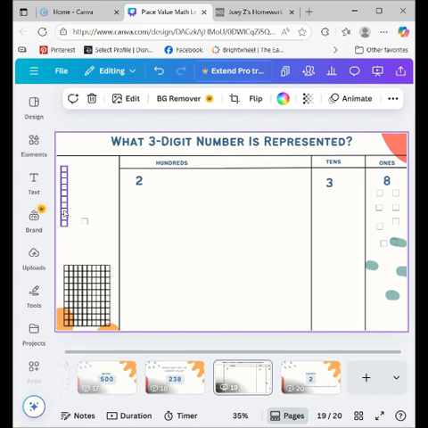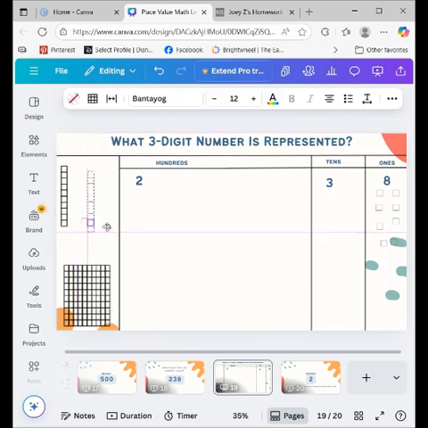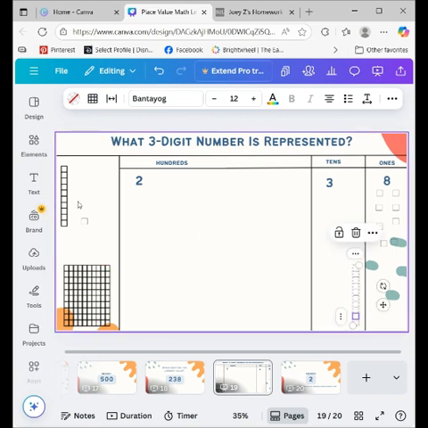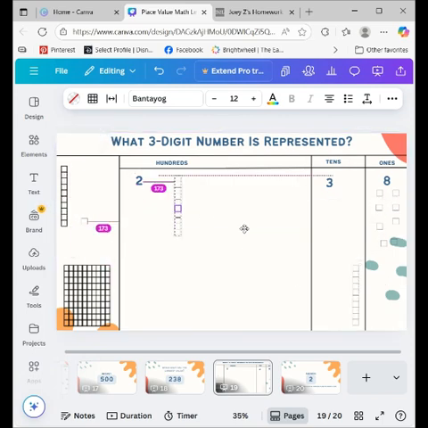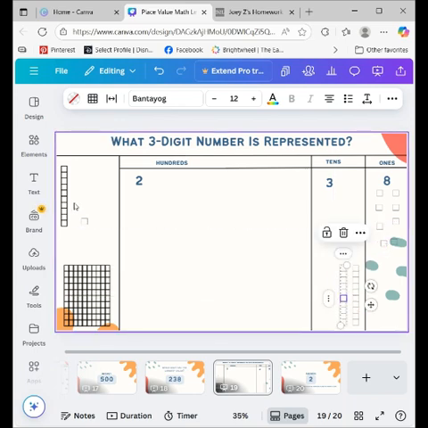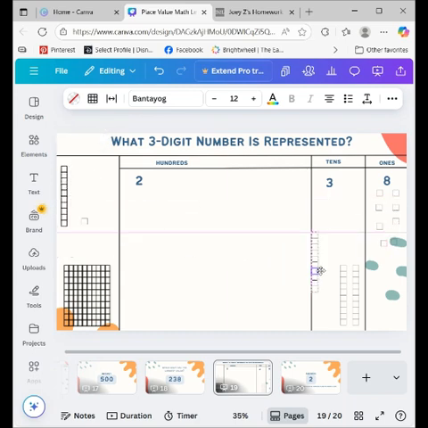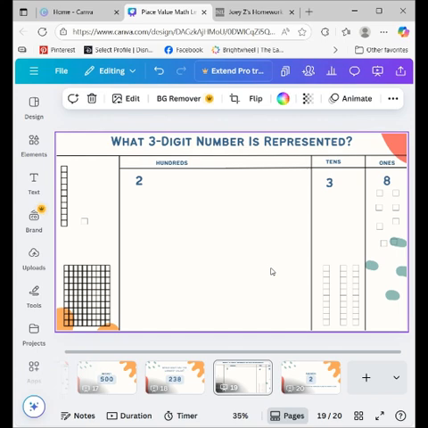So let's count 3 of them. 1, 2, 3. Do you remember how we can double check to make sure we have 3 tens? Yes, we can count by 10. So this is 10, 20, 30.